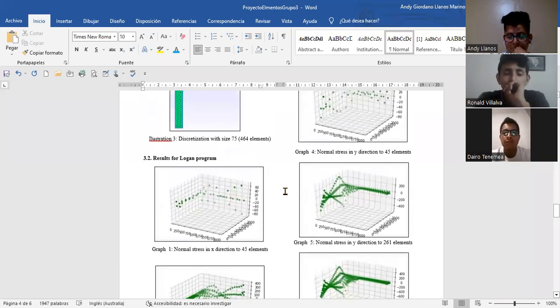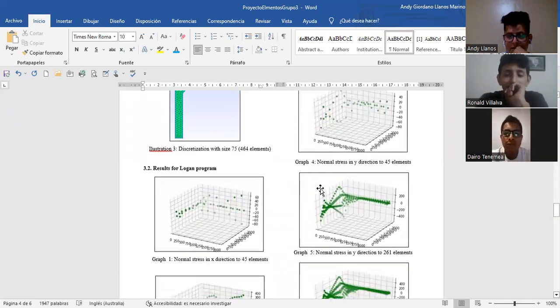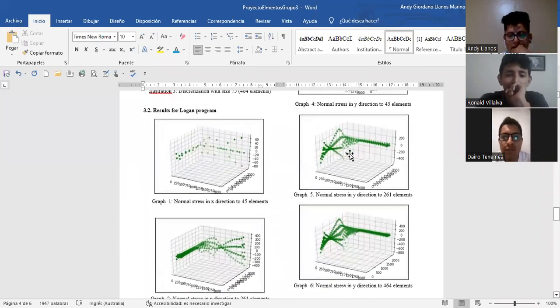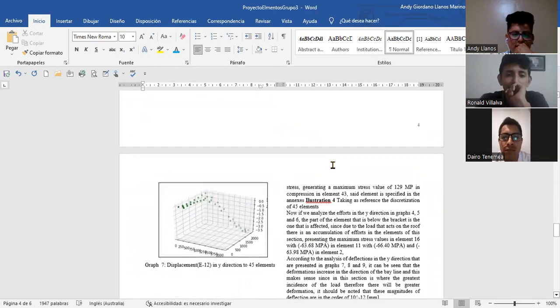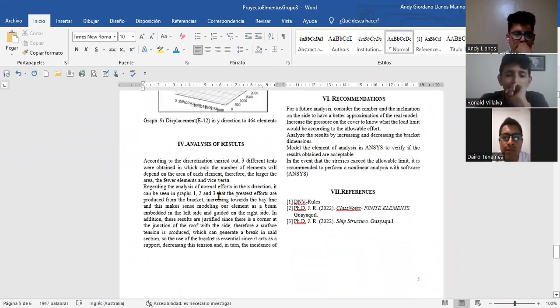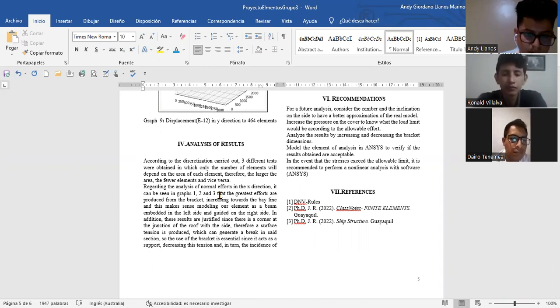And the normal stress in the y direction is larger near the bracket. According to the discretization, I carried out 3 different tests in which only the number of elements changes, depending on the area of each element. Therefore, the larger the area, the fewer elements, and vice versa.